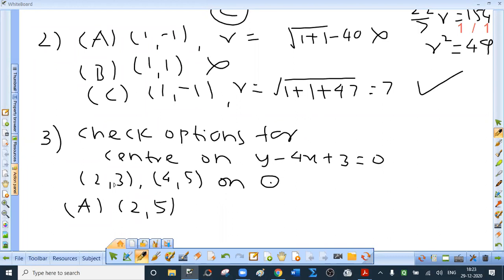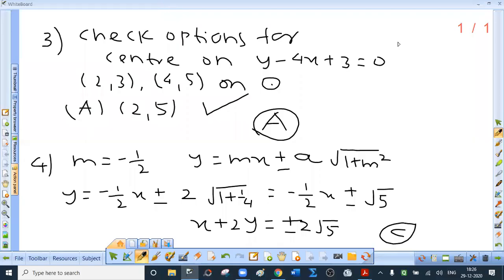So x square plus y square means 4 plus 9, 13. 13 minus 8 is 5. 5 minus 30 plus 25, 0. Yes. Similarly, check for 4, 5. You will notice that this also lies on the circle. So the correct option is A, for sum number 3.